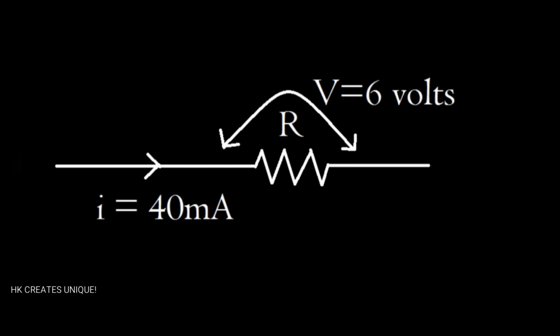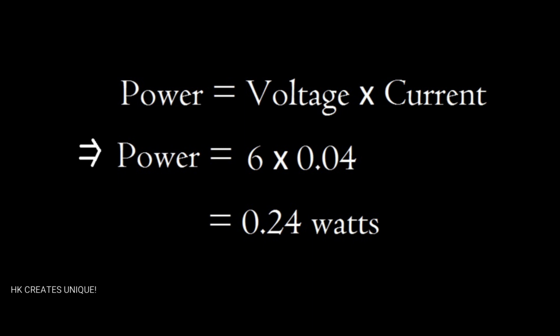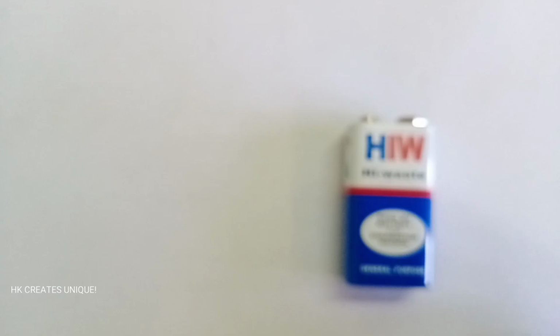In the previous example, voltage across the resistor was 6 volts and total current was 0.04 amps. Therefore, power of the resistor in the circuit is voltage times current flow, which implies power is equal to 6 times 0.04 and therefore power is equal to 0.24 watts.